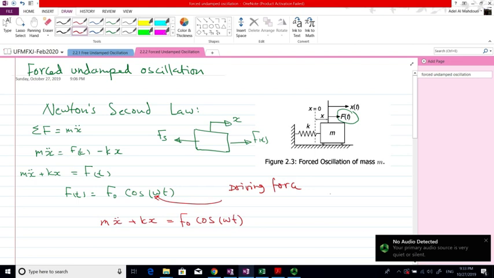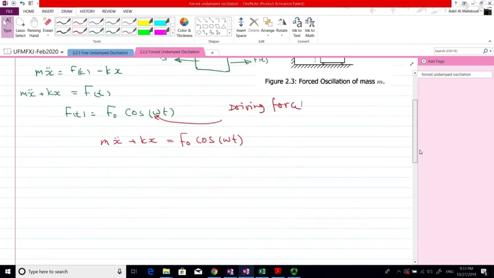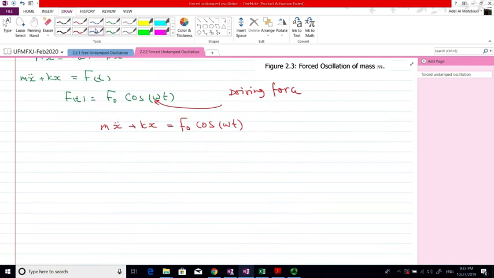The solution for this equation will have to find the steady state. So we'll find the steady state solution as time goes to infinity.